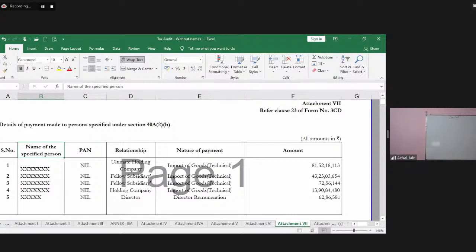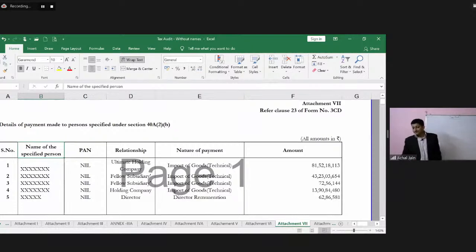Secondly, there could also be certain parties which may be specified persons, but which may not have been shown as related parties as per Ind AS or as per accounting standards. So how do we deal with those parties?